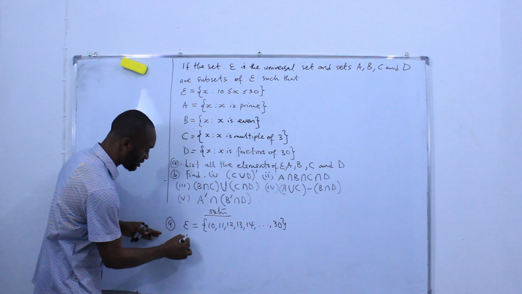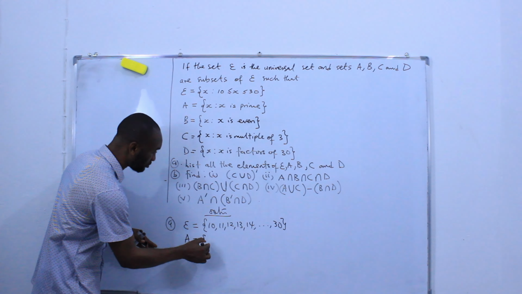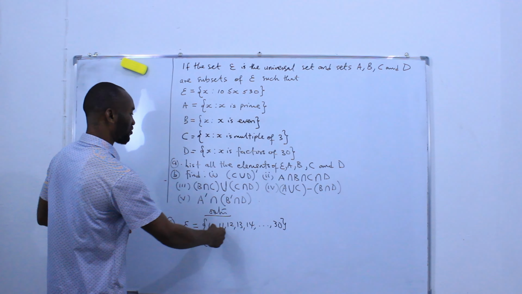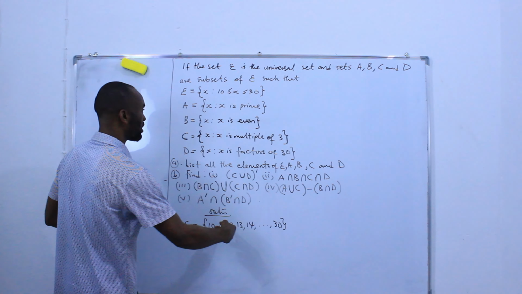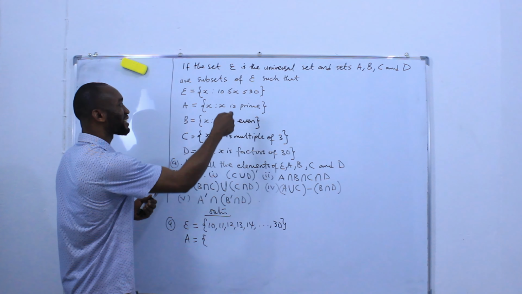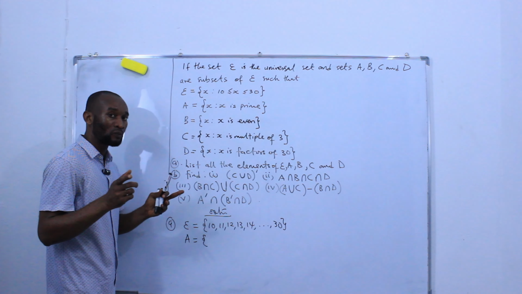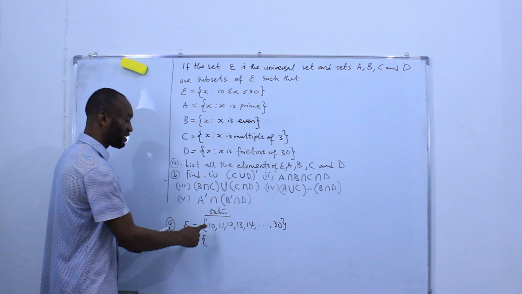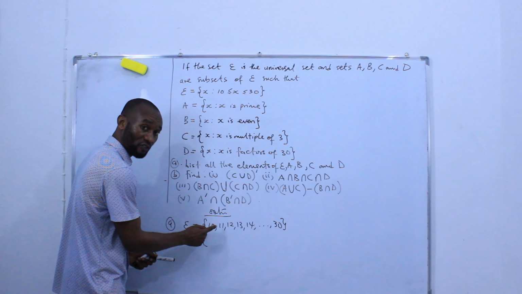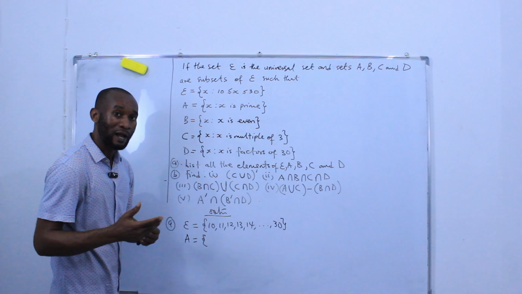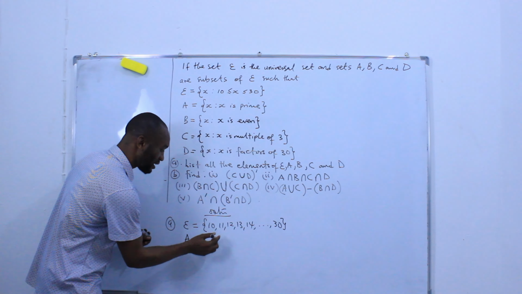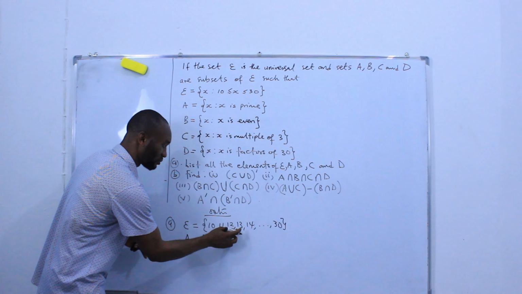Then the elements of the set A are those integers in this set E, in the universal set, that are prime numbers. They are 11, 13.